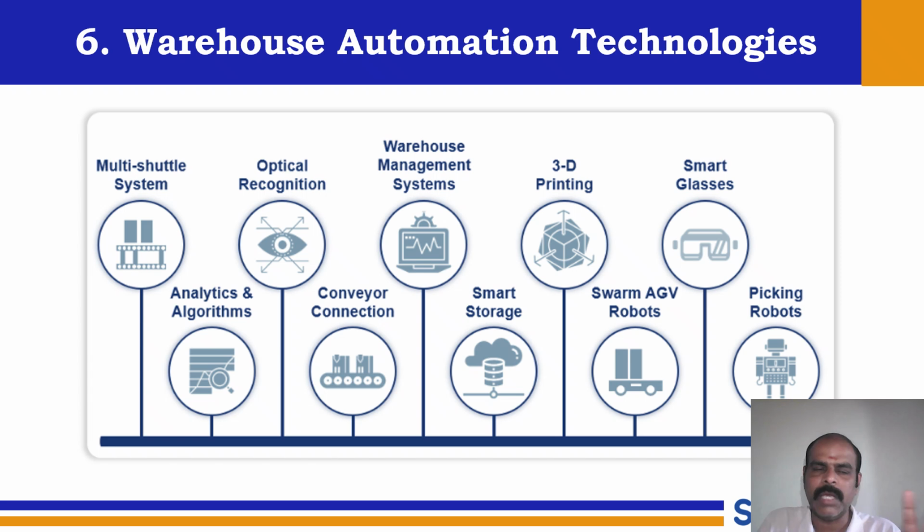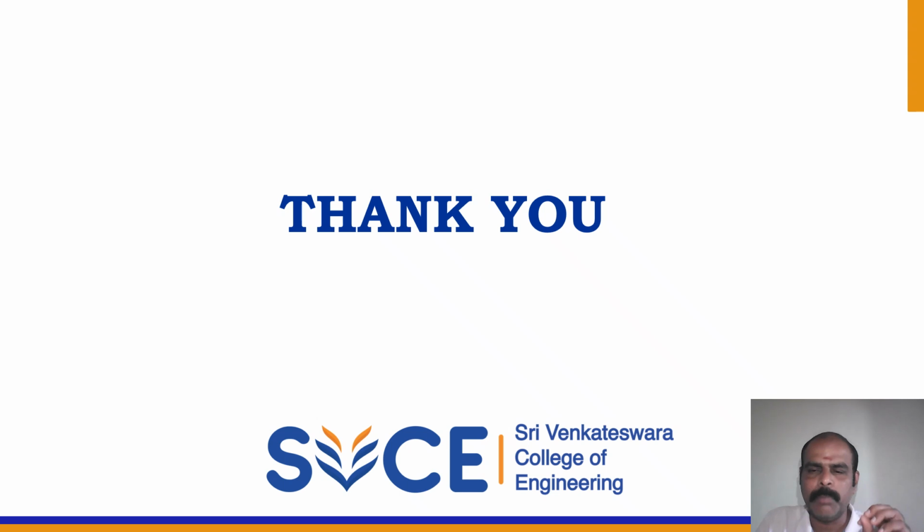So with this we come to an end for this particular chapter, warehousing automation technologies. So before I close this online platform recording, what we need to take away is, as such we know what is warehouse process. As well now we came to know what is automation.